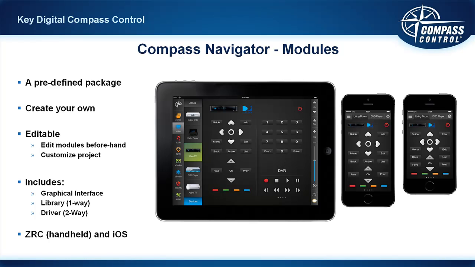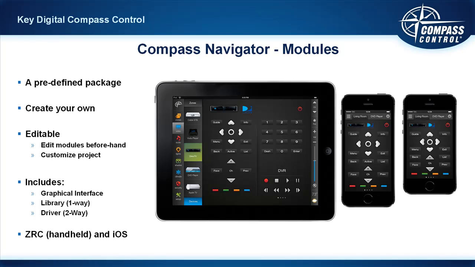A library is a one-way code set, and potentially a driver, a bidirectional code set, already populated on each button in that module. So it's not just bringing in a device, it's bringing in the graphics to go along with it. Every single button already has the desired and the appropriate function on it.